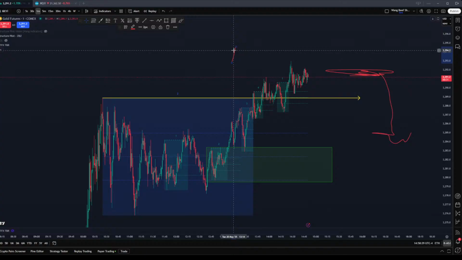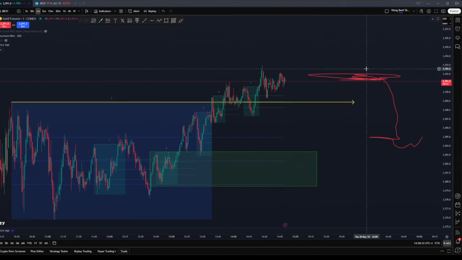There's not much happening in here. Price is making us wait. You tell me it's like 3 p.m., it's not a high volatility time, no news. Nothing to push price either up or down.